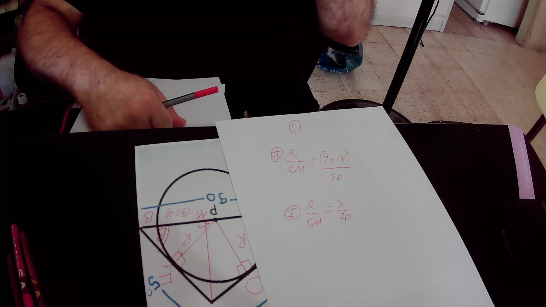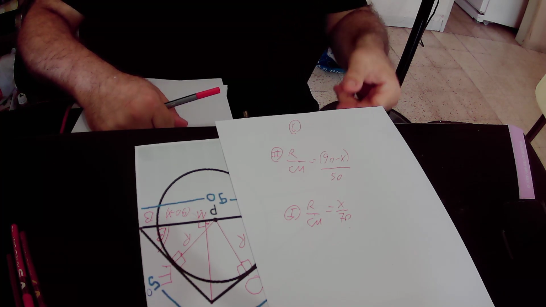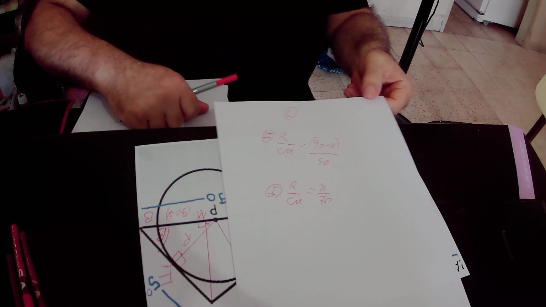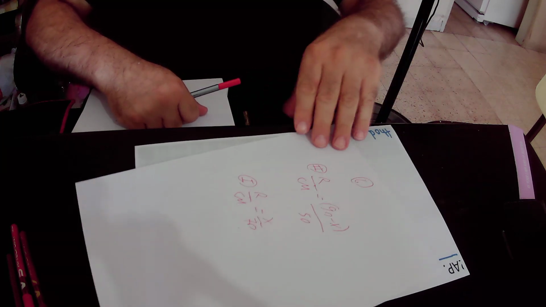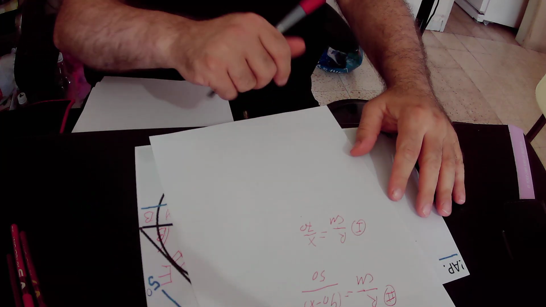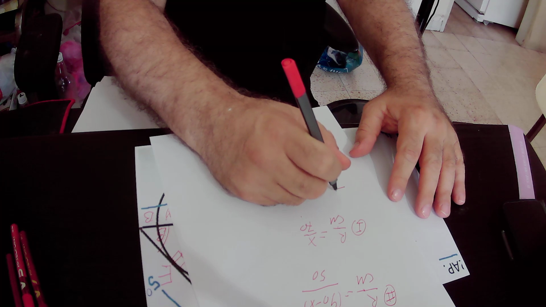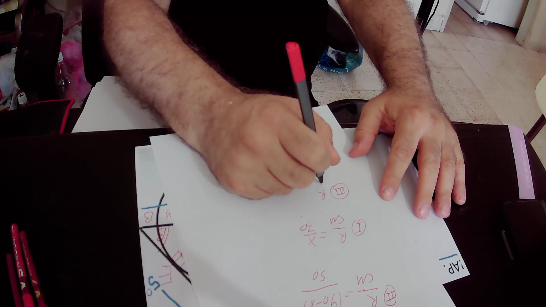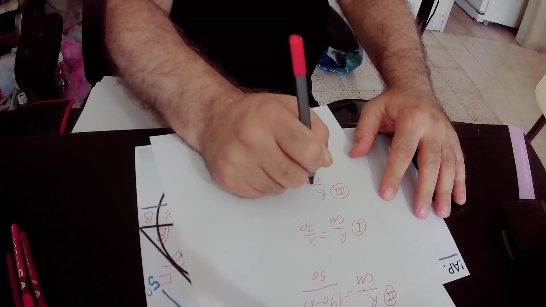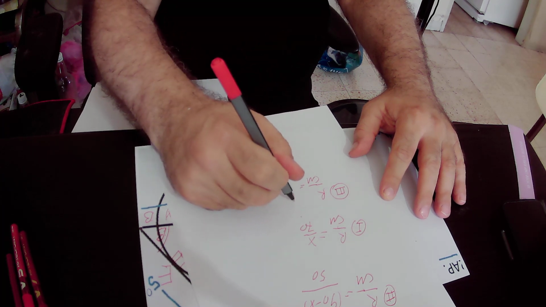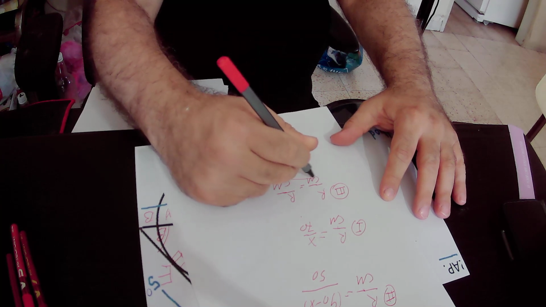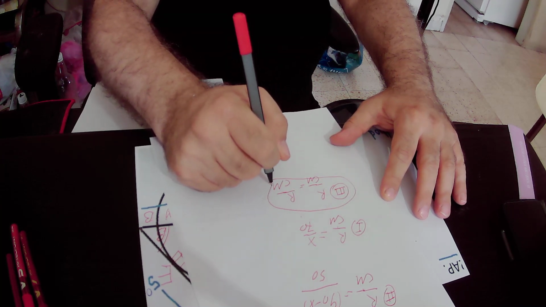So we will create the third equation that states that R over Cm equals R over Cm. Okay, this is the third equation.